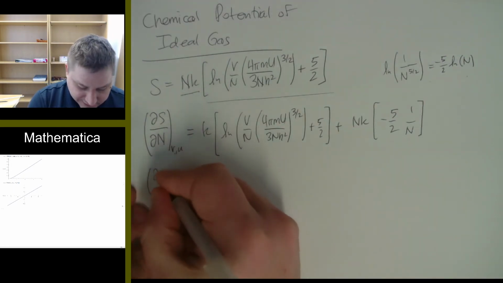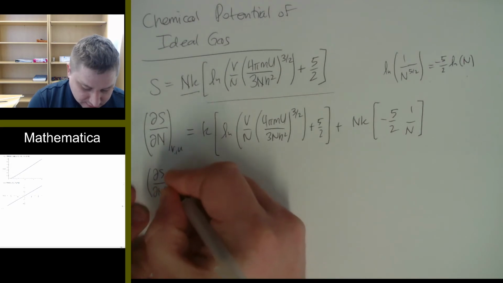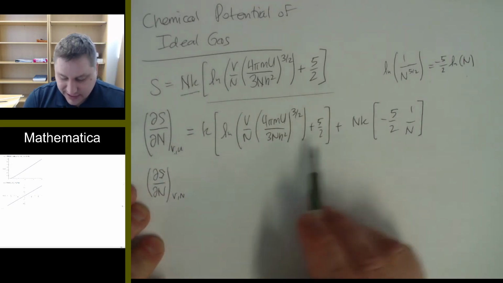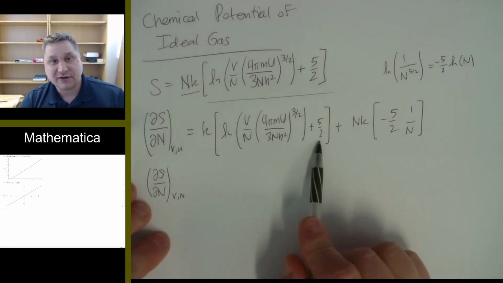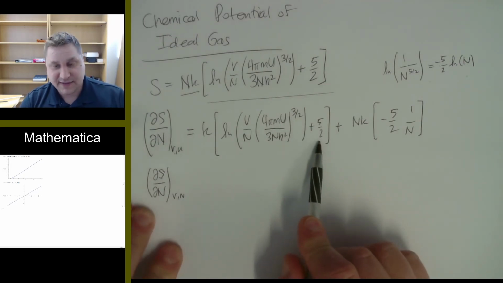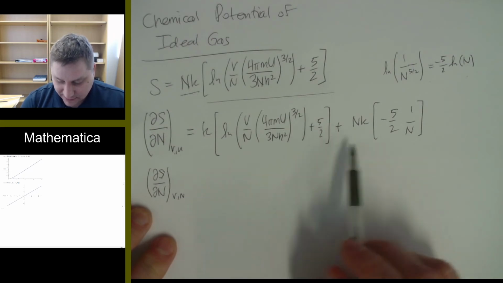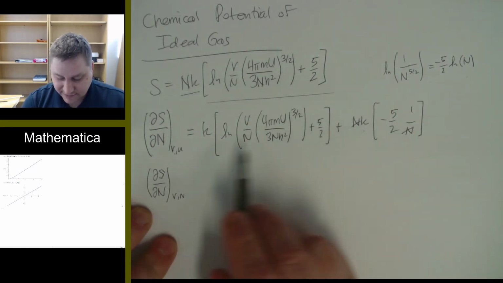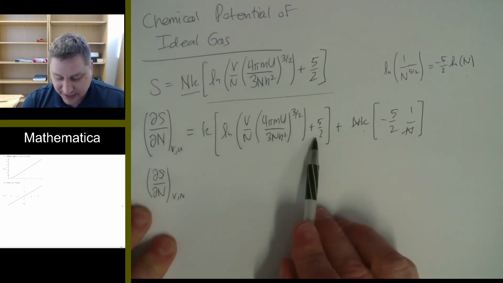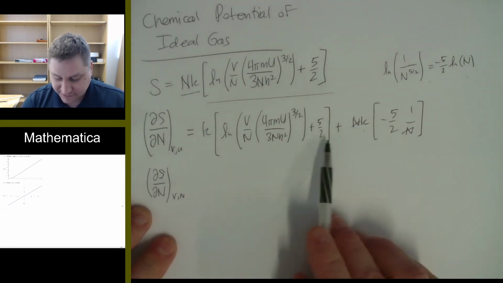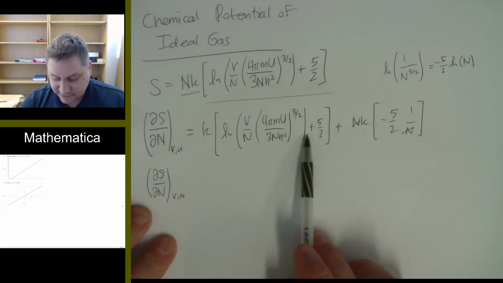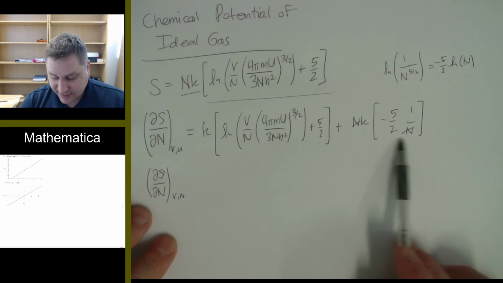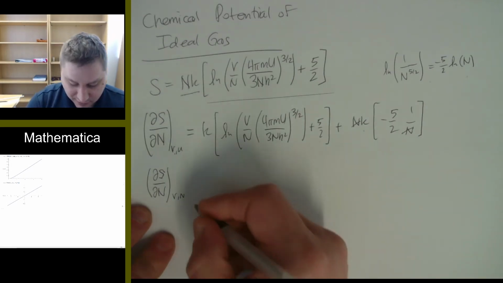All right, now check out what's going to happen with that product rule term here and this 5/2 we've been carrying around forever without saying anything about it. This N is going to cancel this. The k is on both terms. This 5/2 is positive, this one is negative. So this term that we've been carrying around actually serves to cancel out with this when we go for the chemical potential.